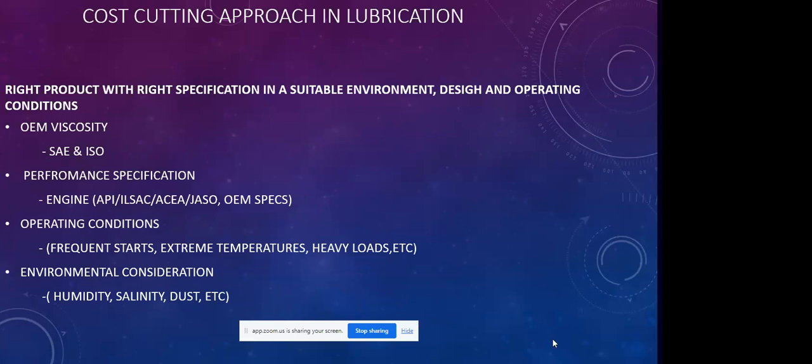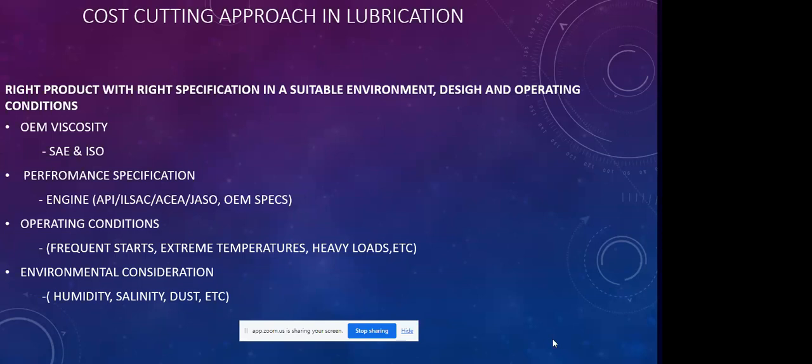The specification decision should go beyond the viscosity, and the focus should be more on the specification, be it ISO specification, be it OEM specifications. And we have some specifications that are not international standard specifications. For API, ILSAC, ACEA, and JASO, these are industry standard specifications.